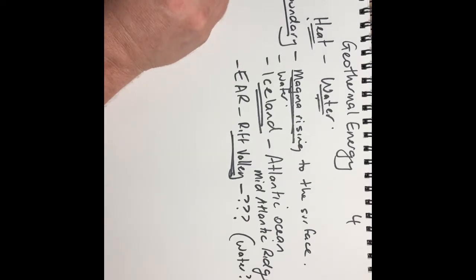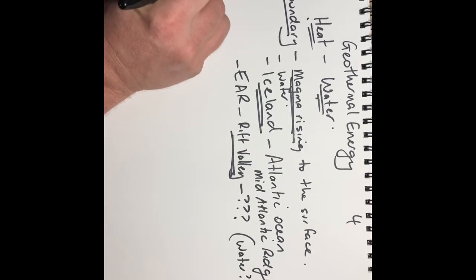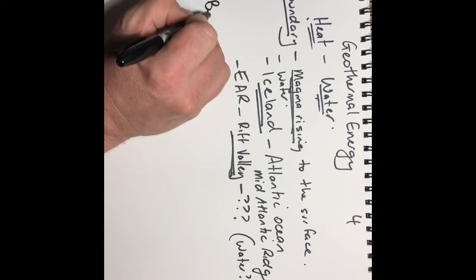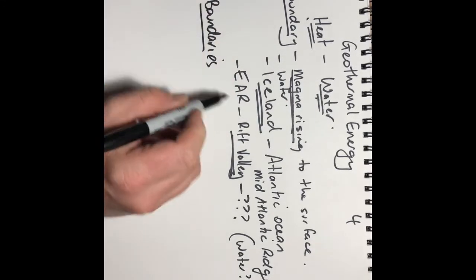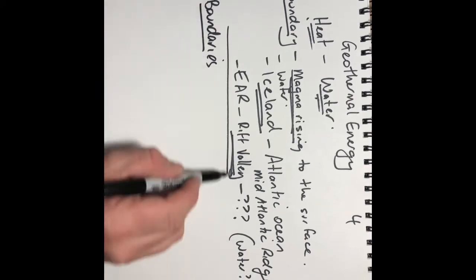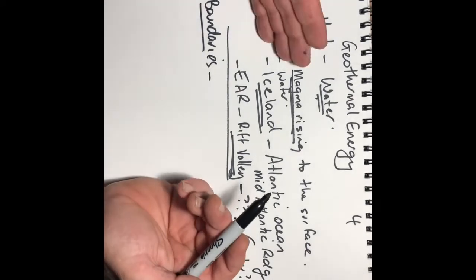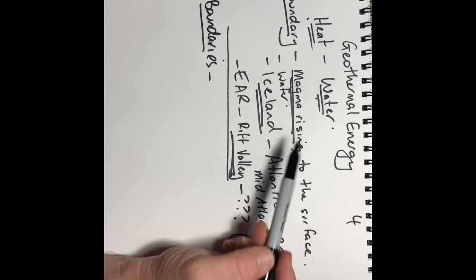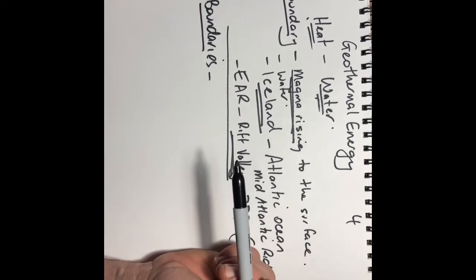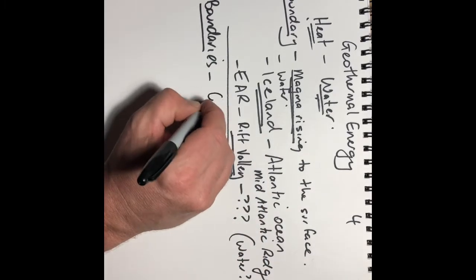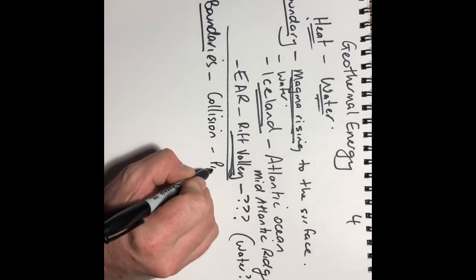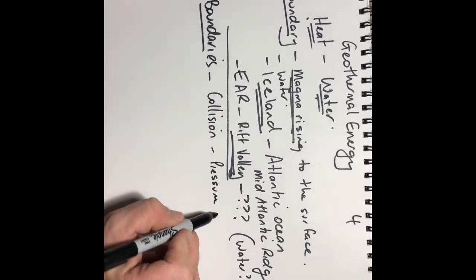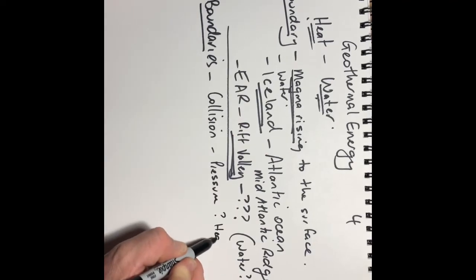Convergent boundaries. Well, if we think about what we need, heat and water, in mountainous regions, so collision boundaries, we certainly have pressure, but do we have heat?